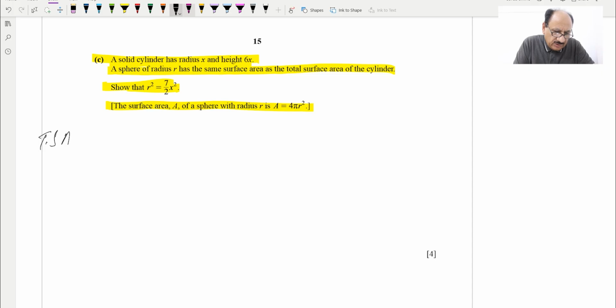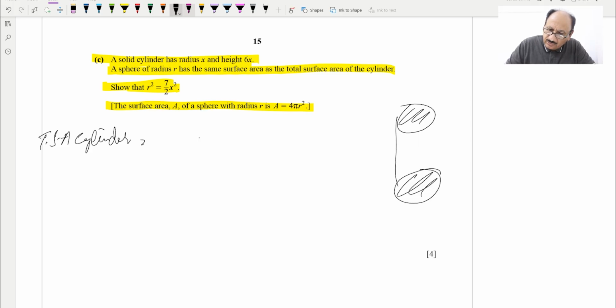Now the total surface area of the cylinder will be what? We can take the base, which will be pi r square, and the top will also be pi r square, and then the curved surface area.